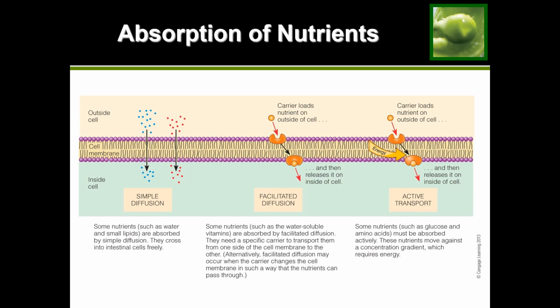Now, some other nutrients are going to need even more help, meaning they don't just need a carrier to help move them through, they also need additional energy to move this carrier along. And this is when we call it active transport. Active is referring to the point that there is energy required in this transport. It is the only one of the three that requires energy.